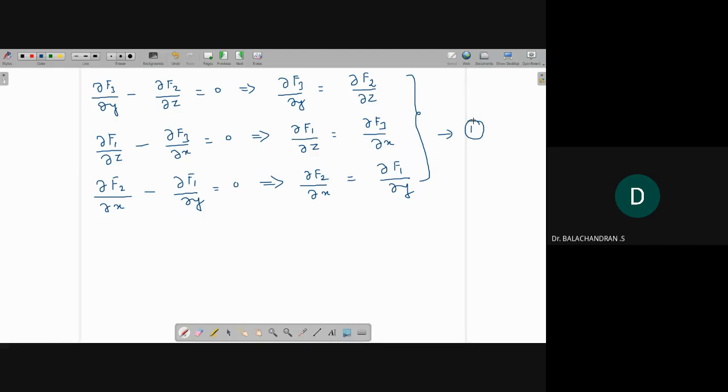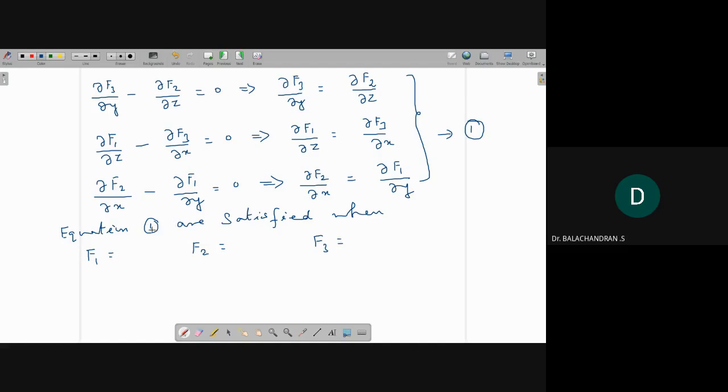Now the question to everyone: think and tell the answer. Equation 1 is satisfied when f1 equals, and similarly what is f2, what is f3?